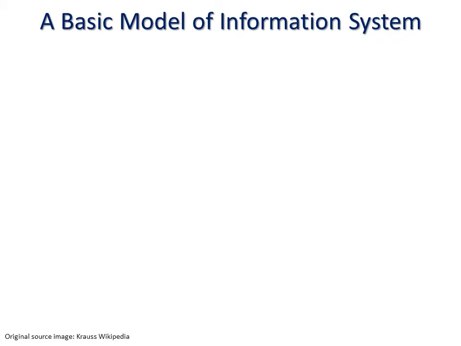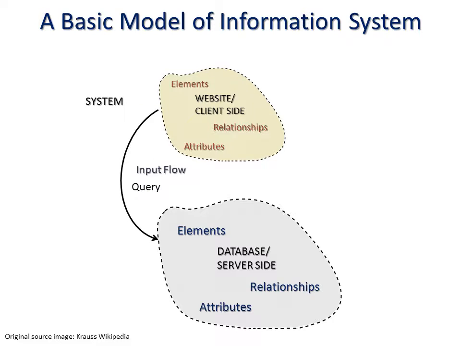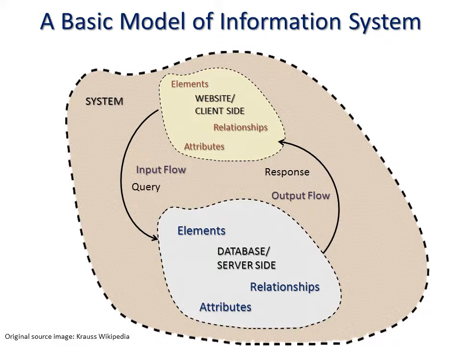Here we can see a representation of a system within a system, in a system basically. So we've got the website client side and then we've got the database server side. So they're both systems interacting with each other, and then that whole system interacts with the outside environment.